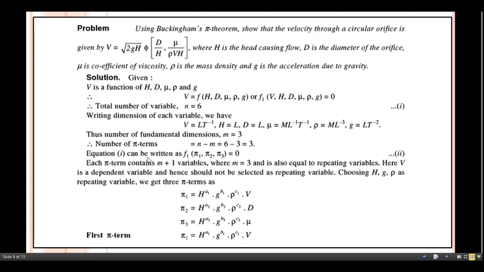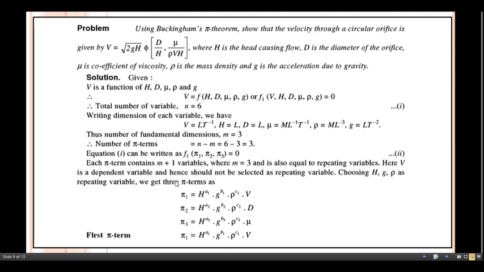So equation 1 can be written as the function of pi1, pi2, pi3 equals 0. Each pi term contains m plus 1 variables, where m equals 3 and is also equal to the number of repeating variables.